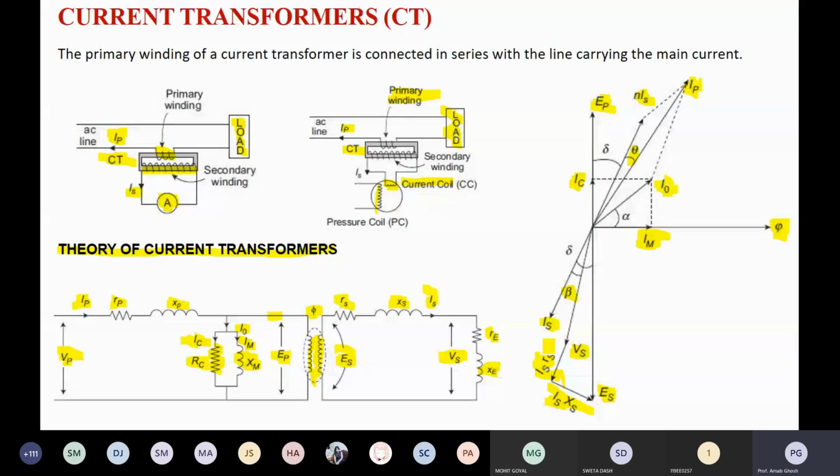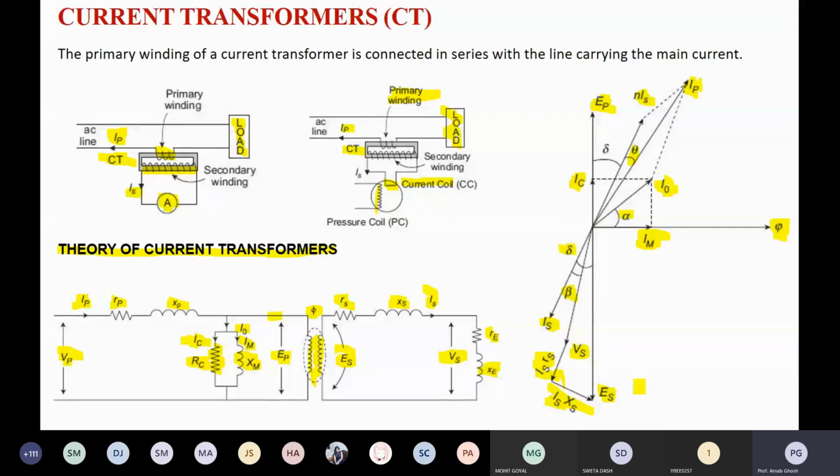PR is parallel to I0. It is a parallelogram OPR with I0, so that I0 path will be the same as your PR path.